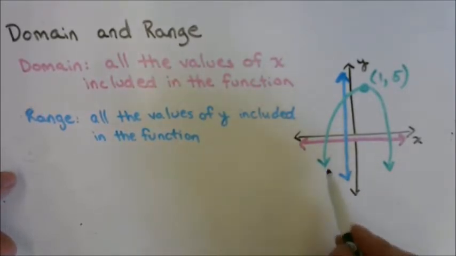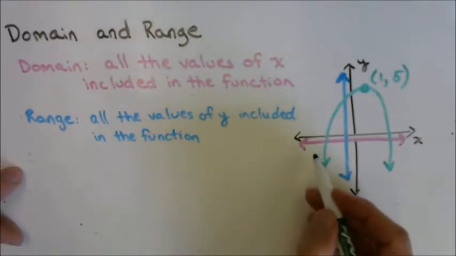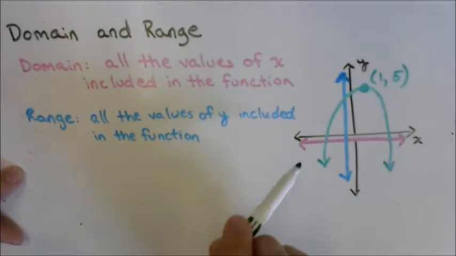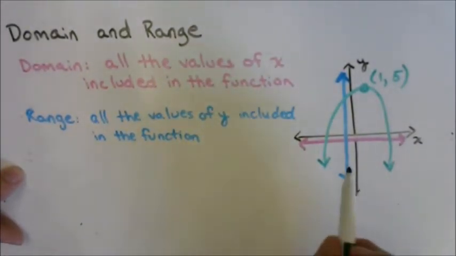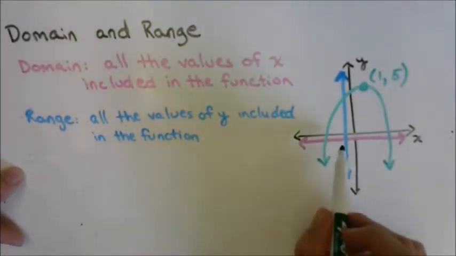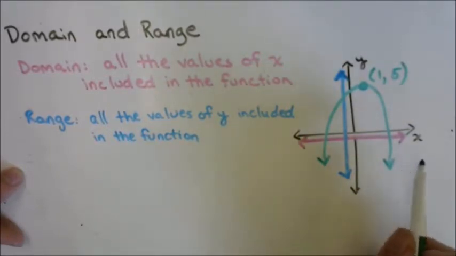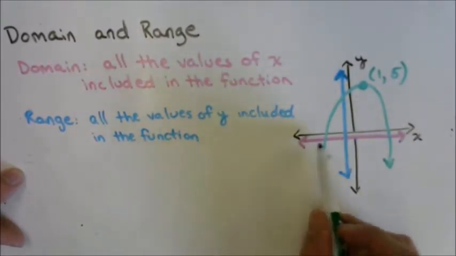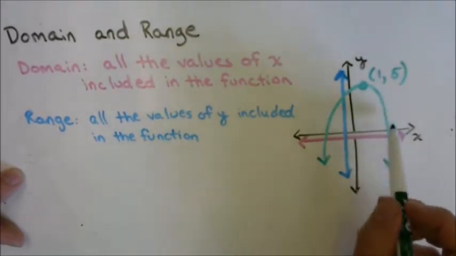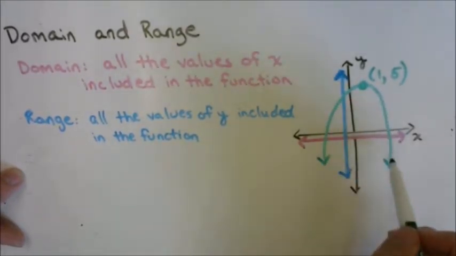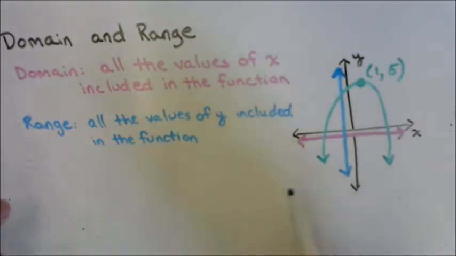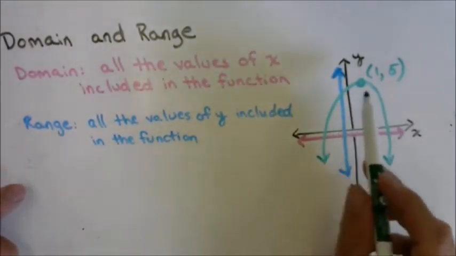Which means if it's going infinitely this direction, and it never goes straight down, it's always going out a bit, that means its domain is all the values of x. I can plug in x equals 1 billion into this thing and I'll still get a value for y. So all of the values of x are included in our green parabola that we drew.